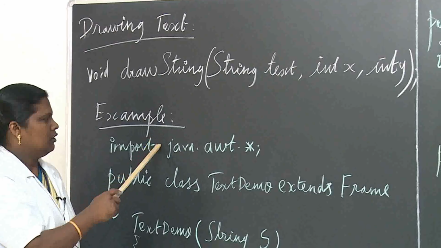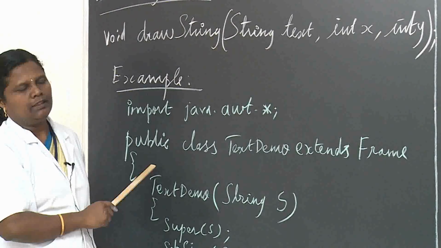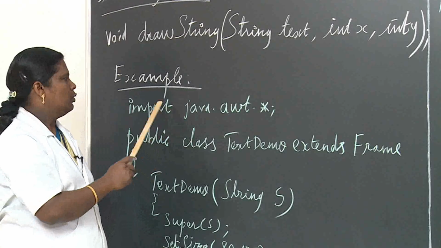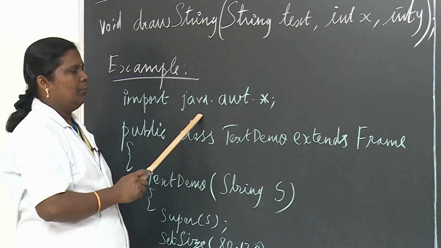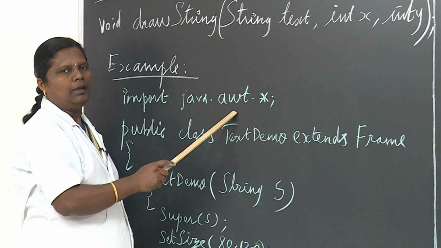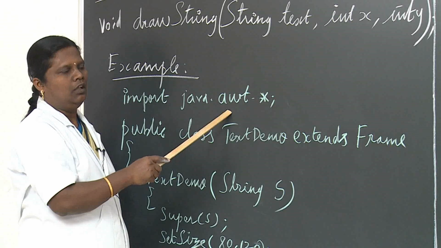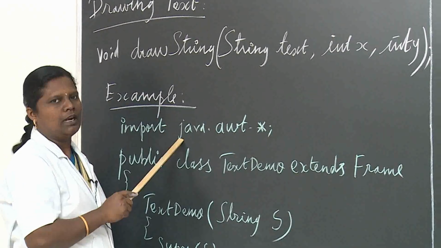With the example Java coding, I'm displaying a text like "good morning" over the frame. As usual, we need to import the Java AWT package in order to display the particular string over the frame. I have added the import statement before starting the class.